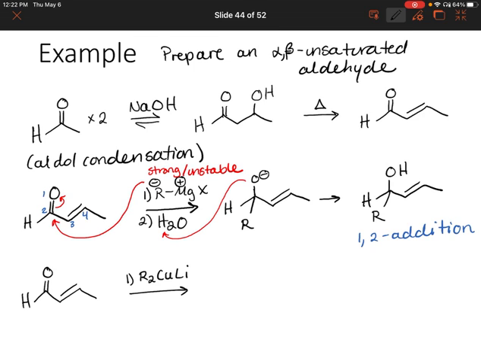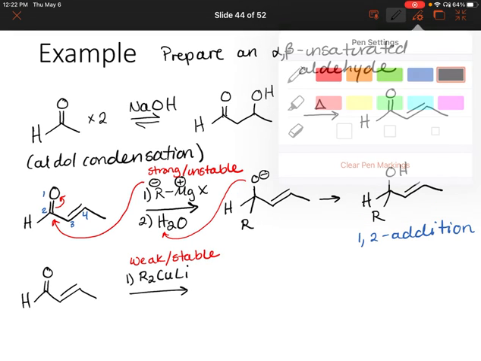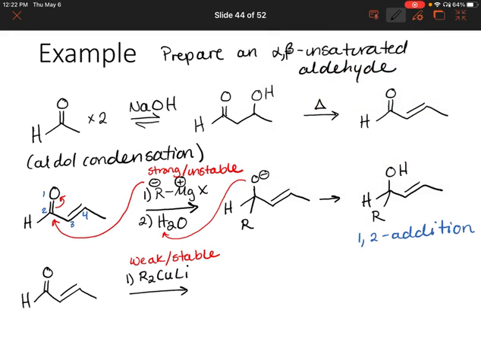But in this case, because our reagent is weak and stable, it's actually going to attack carbon 4. So that's going to move electrons over one position. Our double bond is going to move over, and then electrons will go up to oxygen.